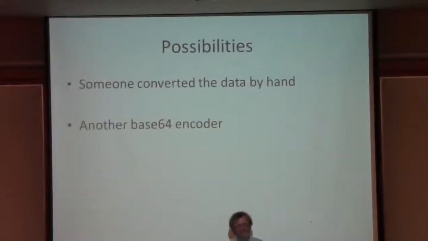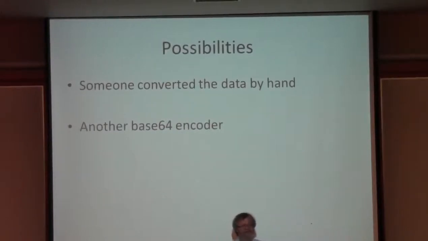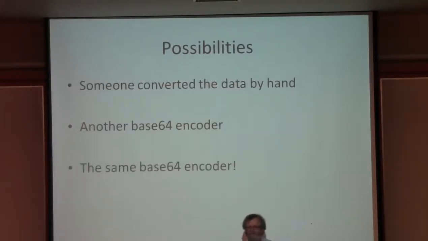So, of course, somebody could have done that, but much more likely is that the developer had another base64 encoder at hand and just ran the test cases through that encoder, copied and pasted the output into his own test suite. Actually, there's a third possibility, that they were produced by the same base64 encoder.